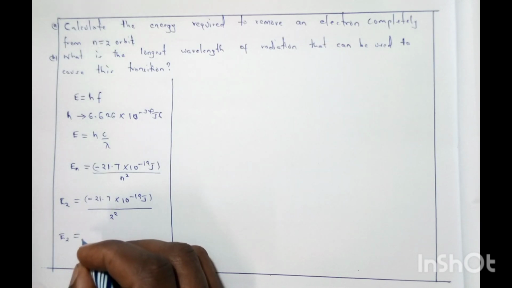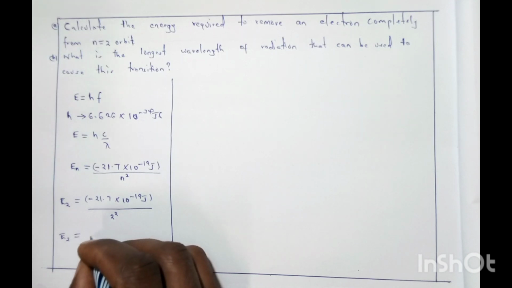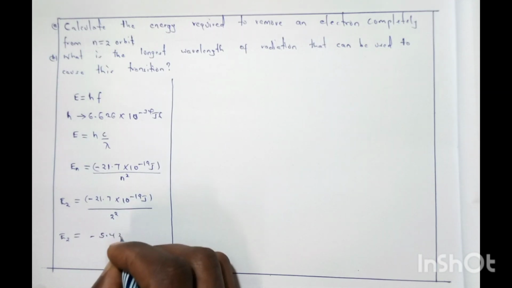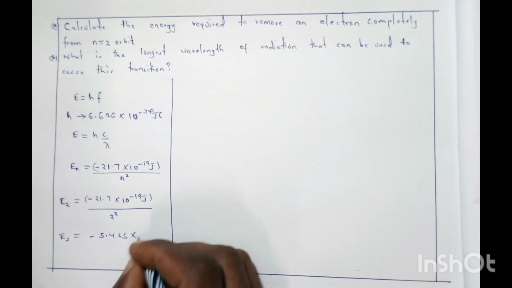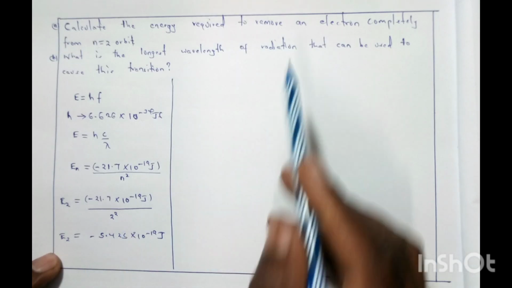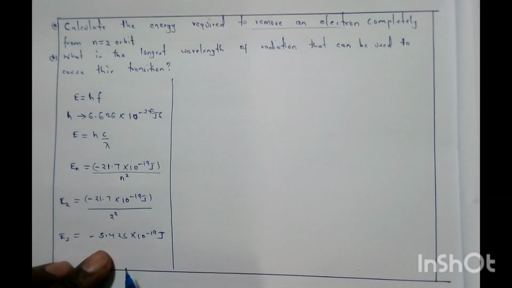From our evaluation, we find a value of negative 5.425 times 10 negative 19 joules, and this is the energy involved in removing this electron from the second orbit.